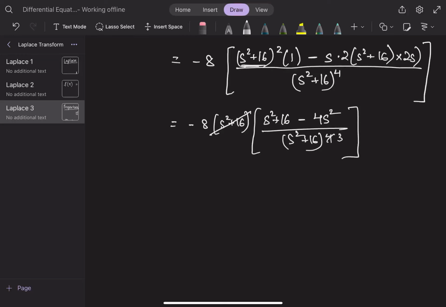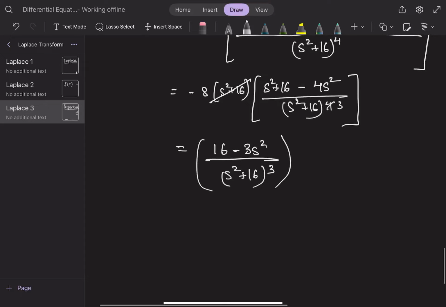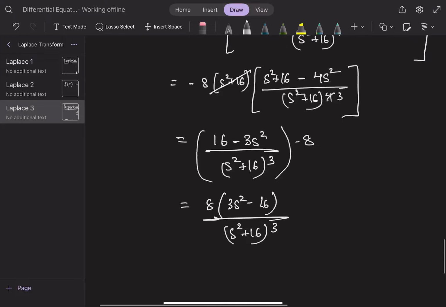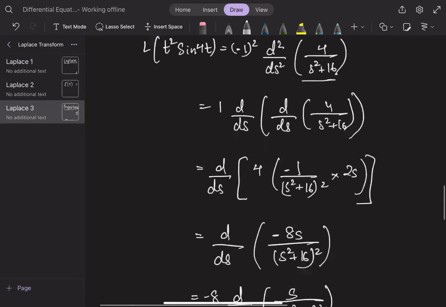So your answer becomes 16 minus 4s minus... 3s square divided by s square plus 16 whole cube, multiplied by minus 8. So finally we can write this as 8 times 3s square minus 16 divided by s square plus 16 whole cube. So this is your Laplace of t square sine 4t.